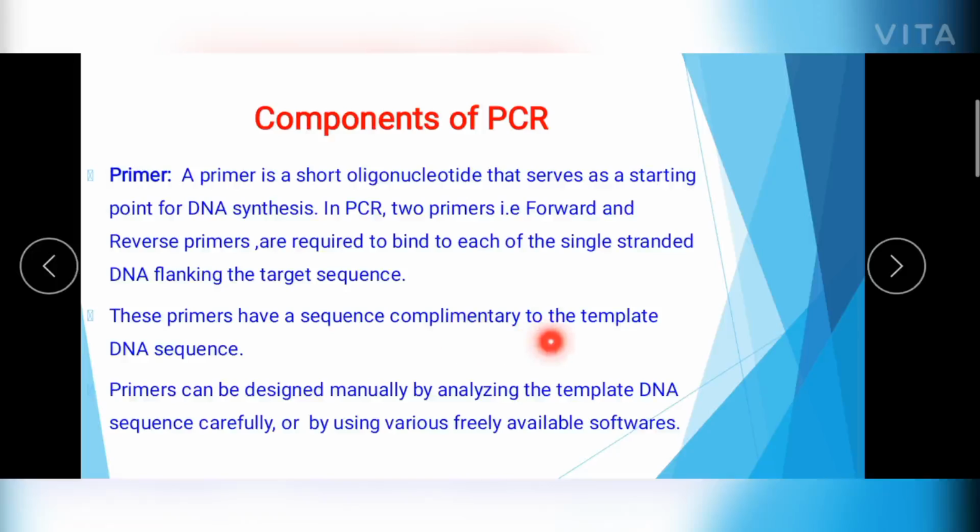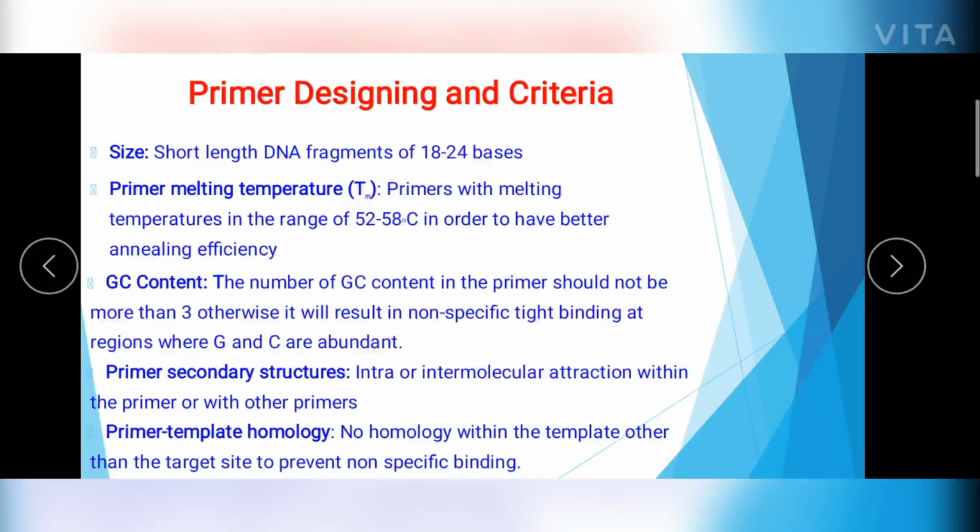These primers are complementary to the template DNA sequence, and they are designed by analyzing the template DNA sequence carefully, and sometimes they are also designed using freely available software.